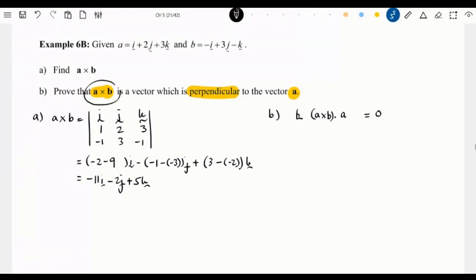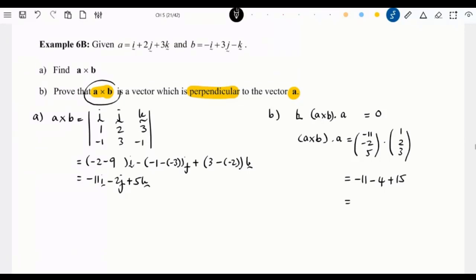So A cross B kita dah ada dekat sini, negative 11, minus 2, plus 5. So A cross B dot A as a subject. Kita nak tengok jawapan akhir dapat ke tak 0. So (negative 11, negative 2, 5) dot A. A kita adalah (1, 2, 3). So negative 11 minus 4 plus 15.